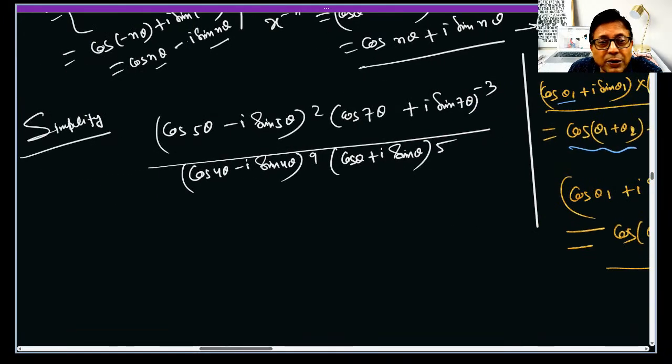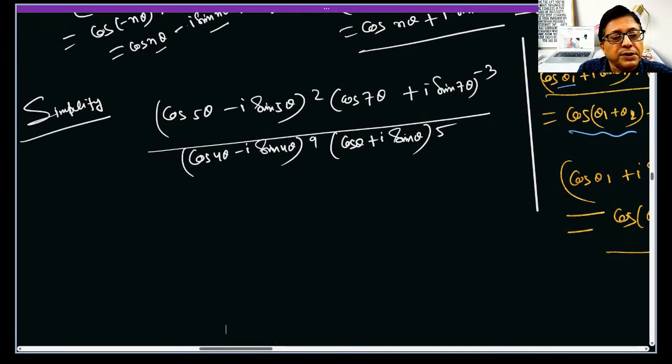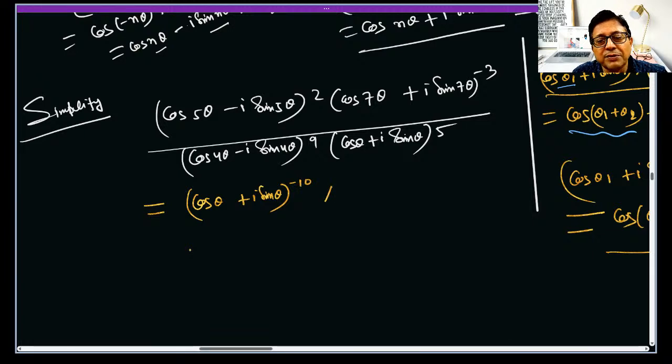Now what is the product here? If you apply De Moivre's theorem, this we can write as cos theta plus I sin theta to the power minus 5 into 2, minus 10. This one you can write as I sin theta to the power 7 minus 3.